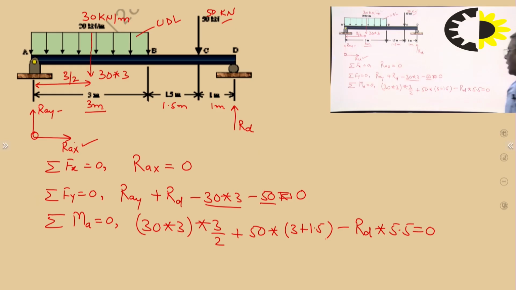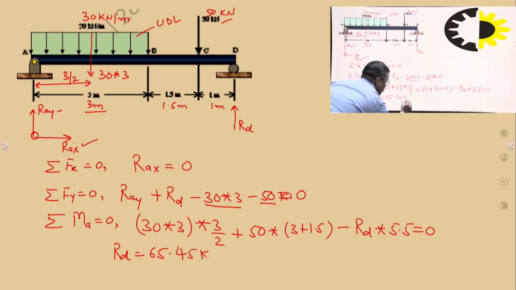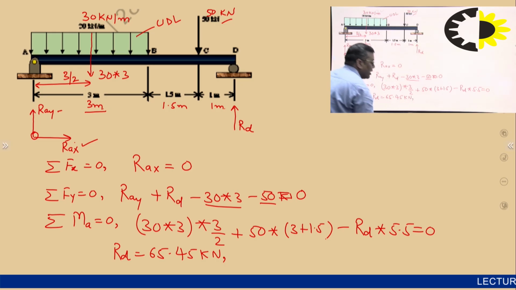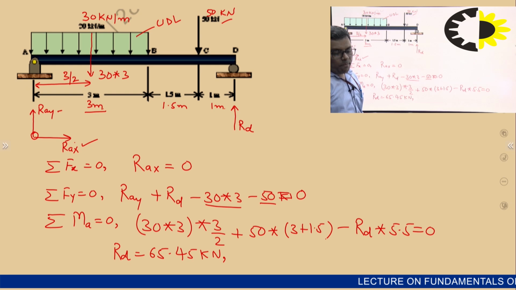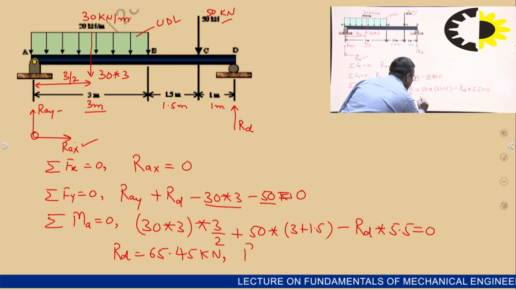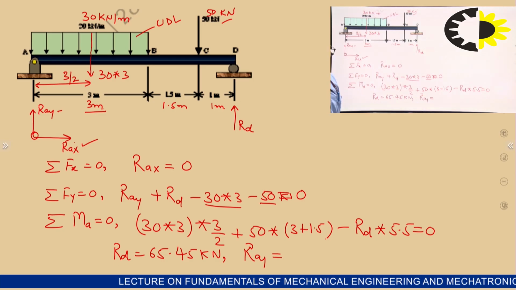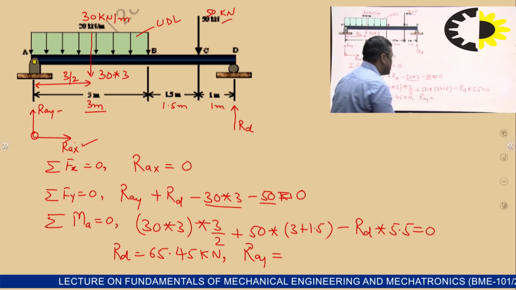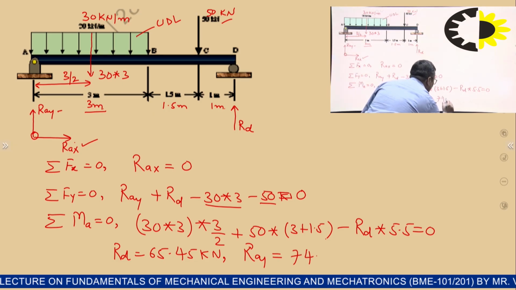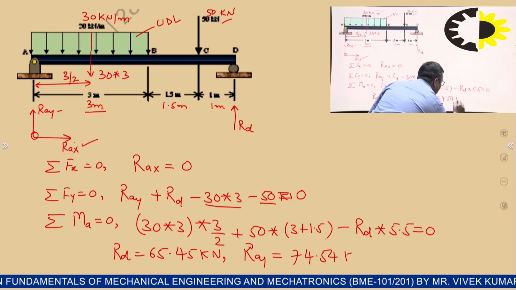RD you can calculate. RD is coming out 65.45 kilonewton. You have to calculate, not copy. RD is 65.45, and RAY equals, calculating, 74.54 kilonewton.